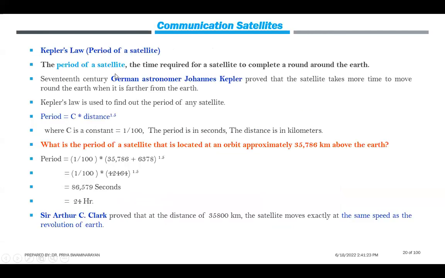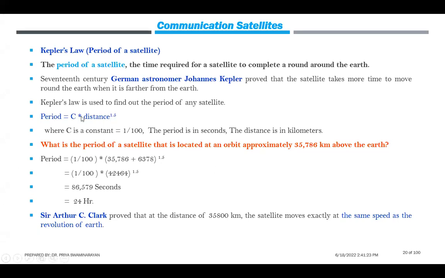Next, period. What does period of a satellite mean? The total time required for a satellite to complete a single cycle, a round around the Earth, is known as the period of the satellite. One German mathematician named Kepler proved how much time is required by a satellite to complete one cycle.